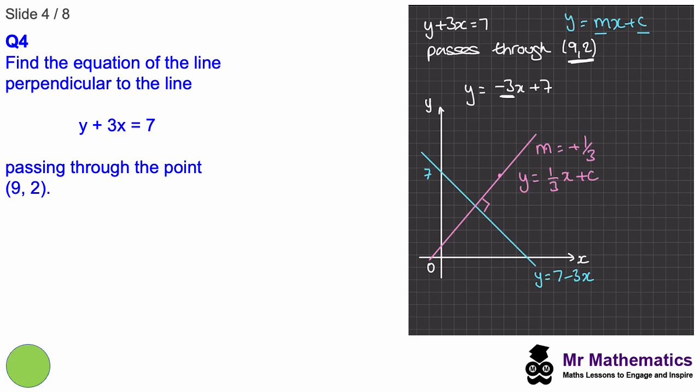We'll substitute in the y equals 2. And this is 1/3 of x, which is 9, plus c. 1/3 of 9 is 3, so 2 equals 3 plus c, so c will equal -1. So the equation of a line perpendicular is y is equal to 1/3 of x minus 1.